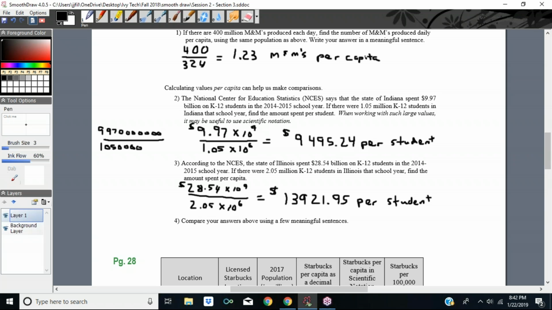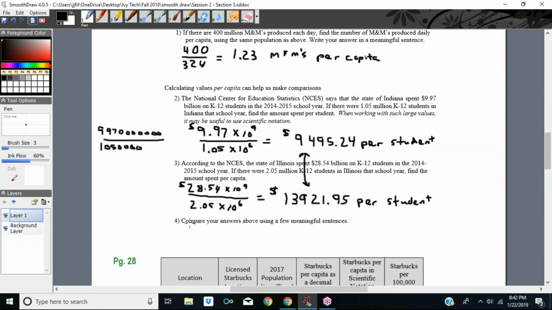Generally they don't. It says compare your answers above using a few meaningful sentences. I did this 2 ways. One way is I looked at the difference between these 2 values, and it's about $4,000 difference.